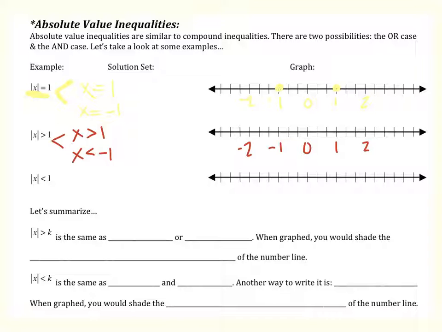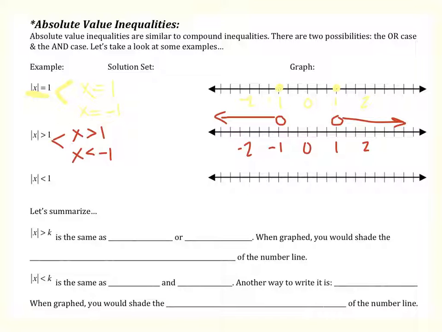So on your number line, it's not or equal to, it's just less than or greater than. So we have an open dot at 1 and negative 1. If it's greater than 1, that's going to go to the right, but less than negative 1.